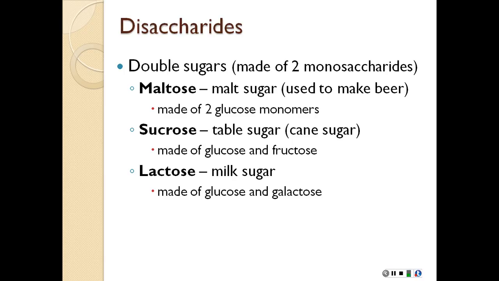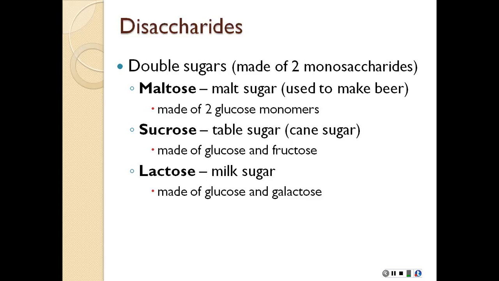And you can see those here. So notice that all of the disaccharides up here contain at least 1 glucose, and then the other monosaccharides that we mentioned. So sucrose is made of fructose plus glucose.